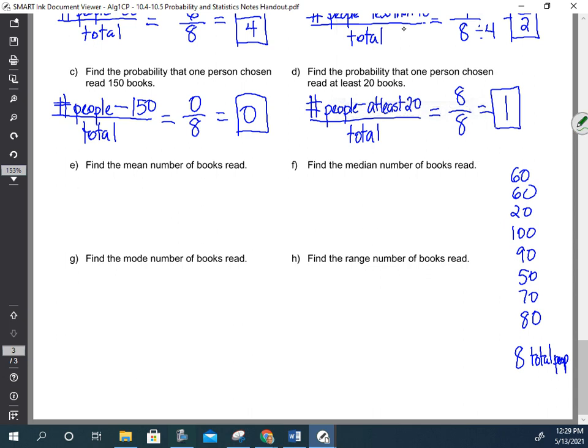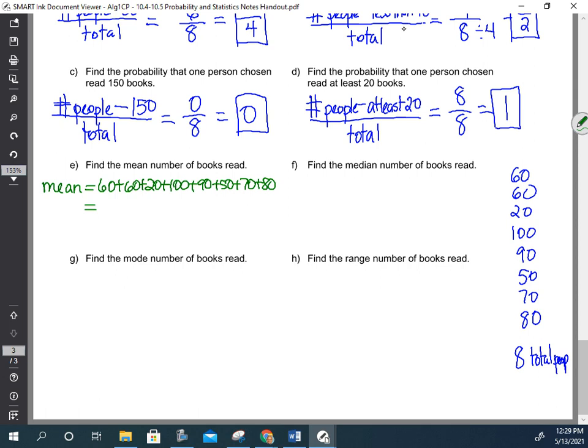What's the mean? So the mean is 60 plus 60 plus 20 plus 100 plus 90 plus 50 plus 70 plus 80.